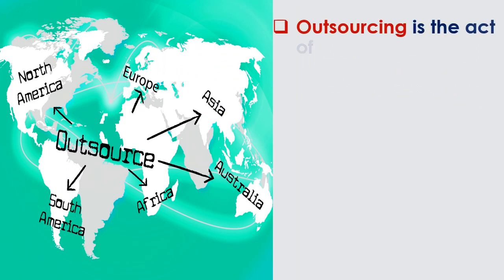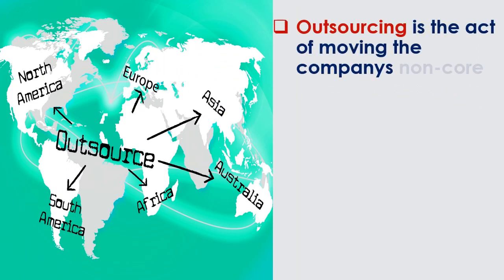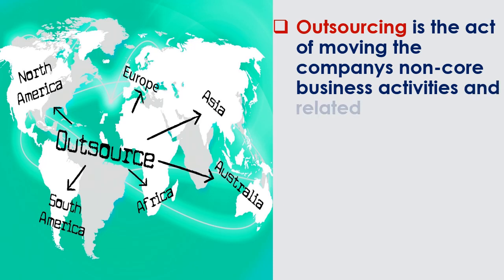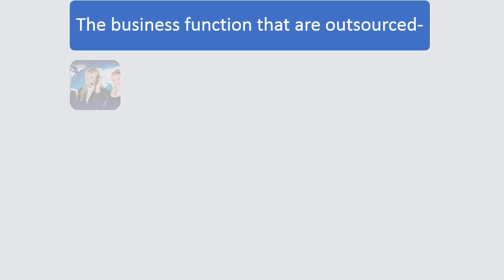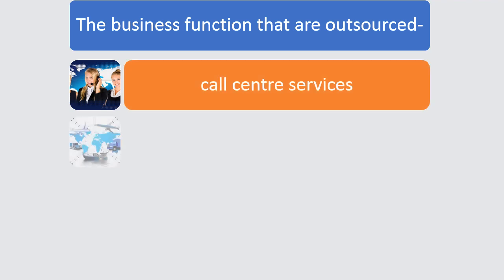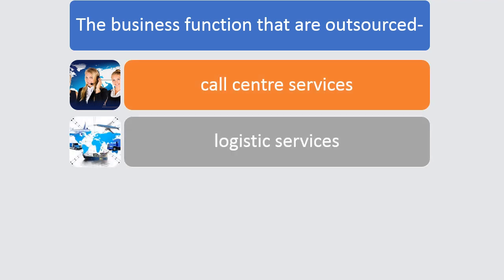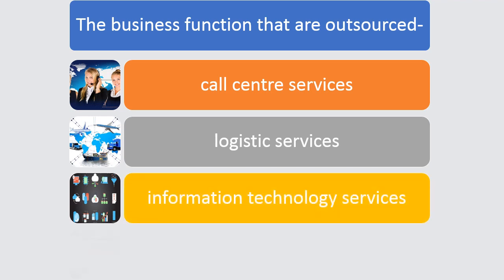Outsourcing is the act of moving the company's non-core business activities and related decision responsibility to an outside provider. The business functions that are outsourced: call center services, logistics services, information technology services, tax management etc.